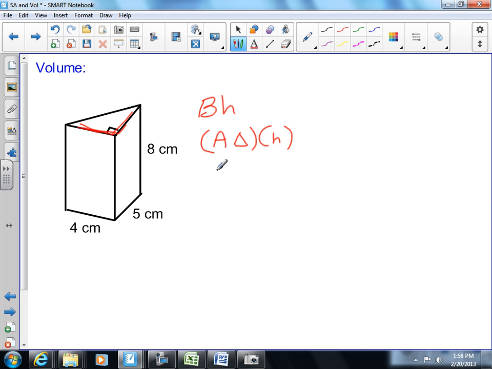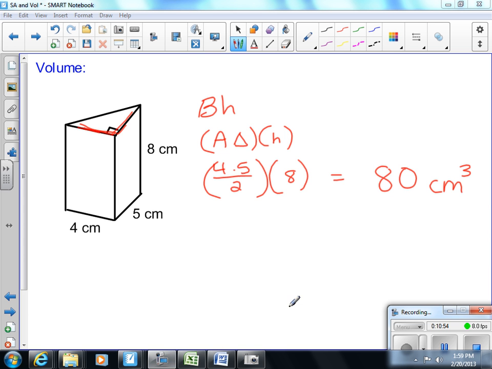Remember, base of the triangle, which would be 4 times 5 divided by 2, all times 8. So you have 10 times 8, which is 80. And this would be cubic centimeters. In most cases, I think finding volume is a little quicker because you don't have as many parts to find. It's really just a one-step problem.